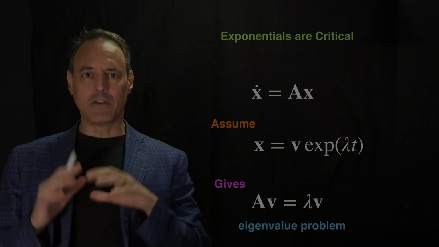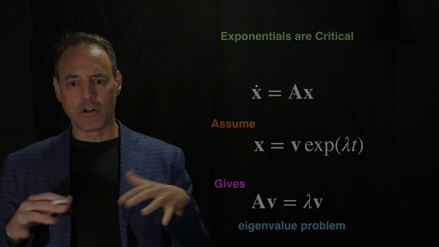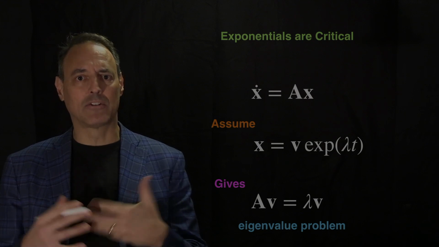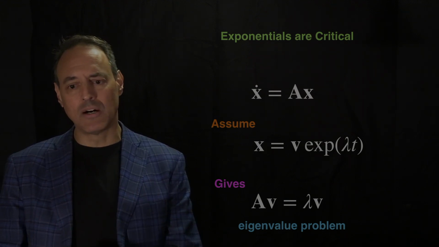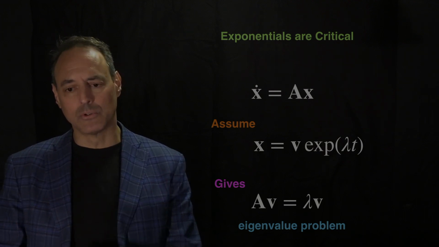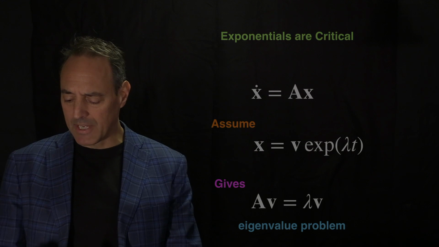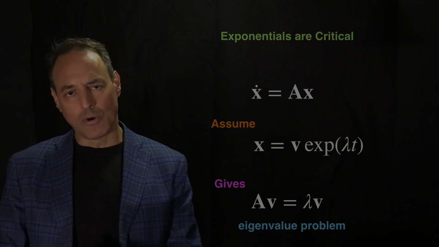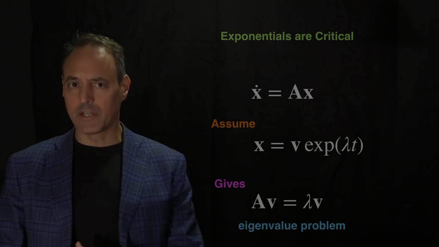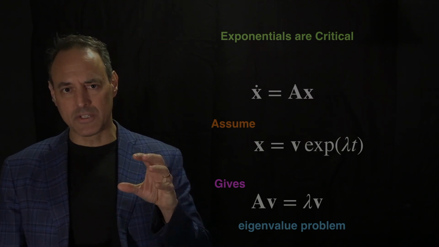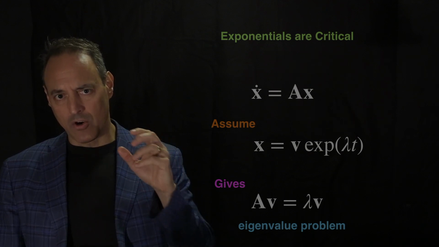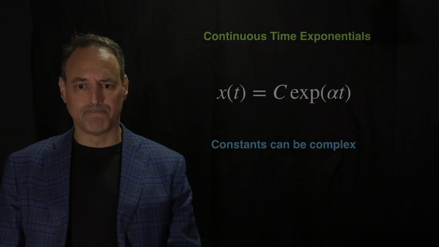So the eigenvalue problem is the canonical representation of the solution, and you can add these eigenvector, eigenvalue solutions together to form a sum, which is the linear, superpositioned solution of the system. But again, notice all the solution forms come in the form of an exponential. So this is really critical for us. When we think about linear systems, you should think about exponential solutions as the canonical solutions for that system.